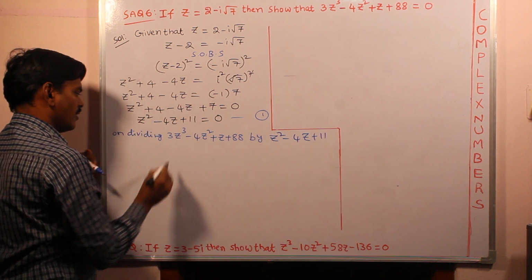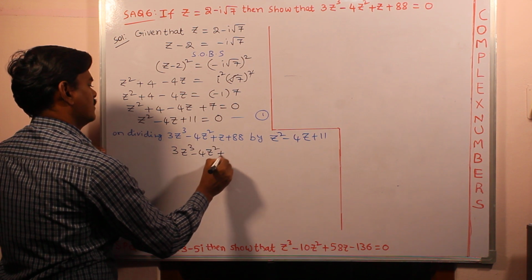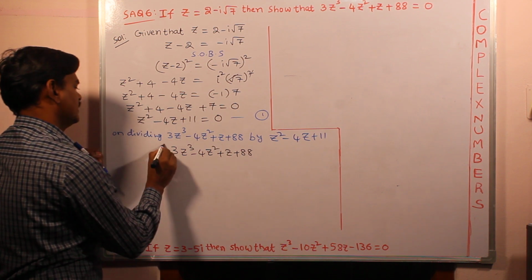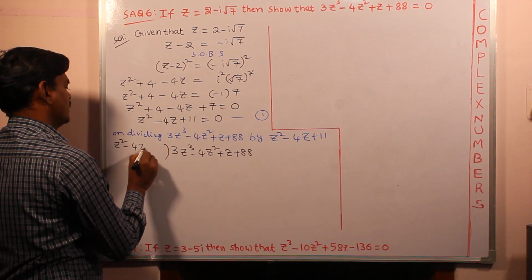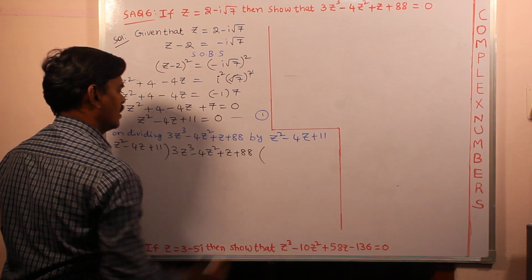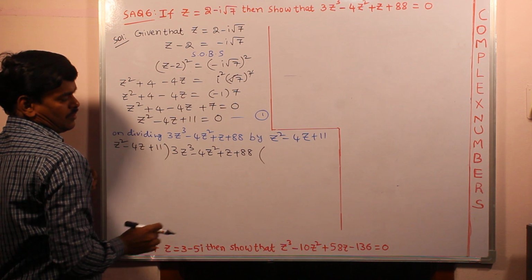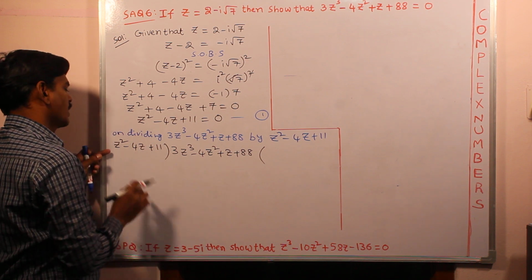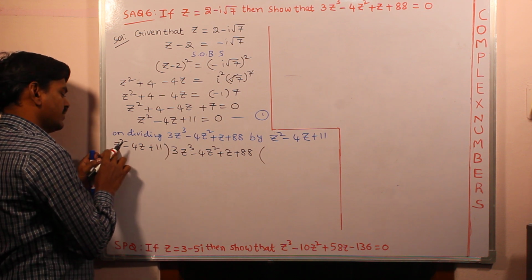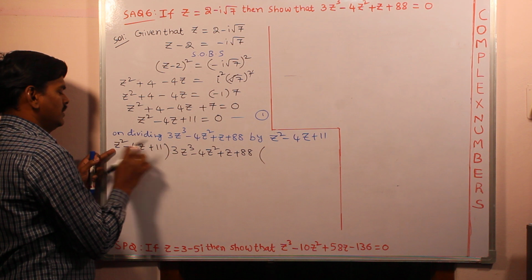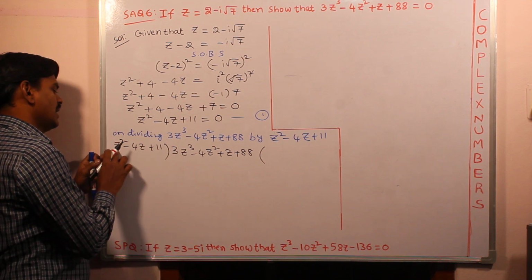You know division of polynomials. Here we write the dividend; this is the dividend. Here we write the divisor: z square minus 4z plus 11 is the divisor. Here we will get the quotient. So how to divide one polynomial by another? Observe the first term here and the first term here. Here I have 3z cube and here I have z square.